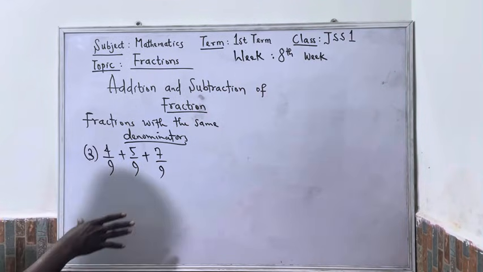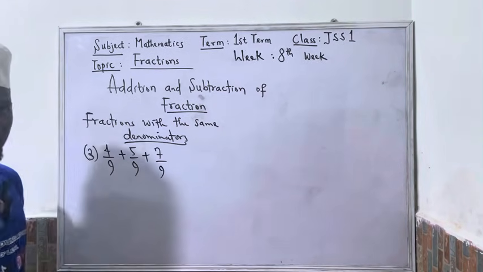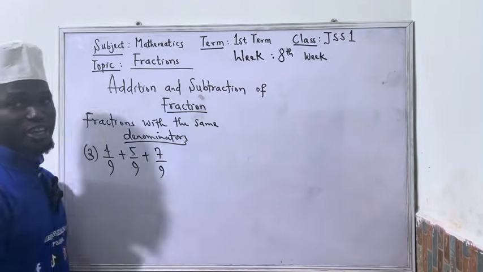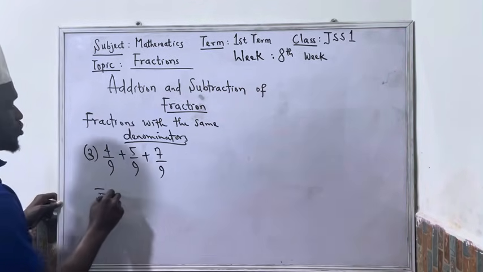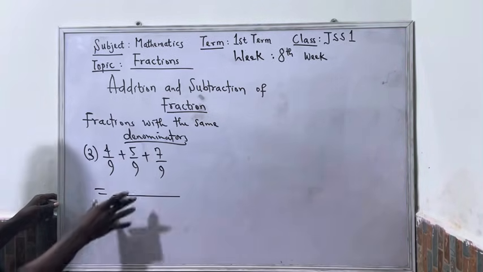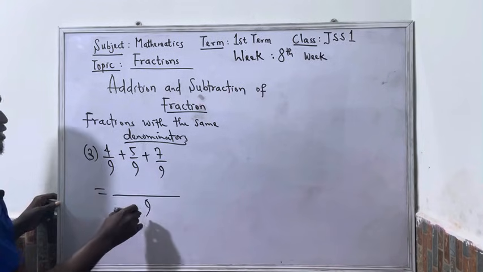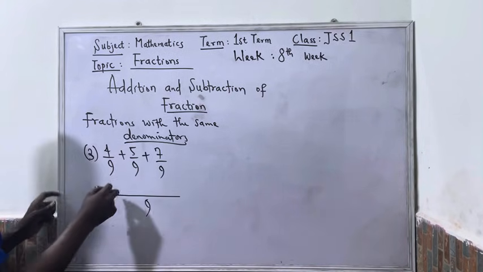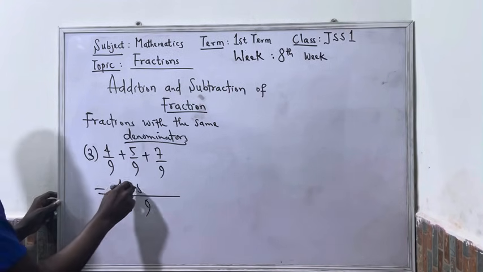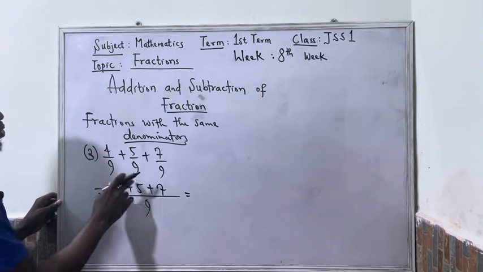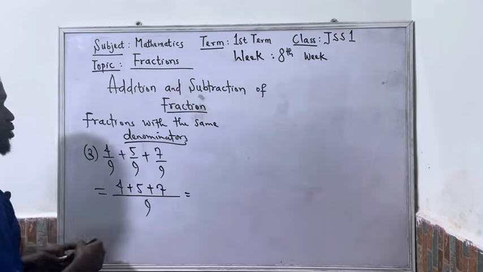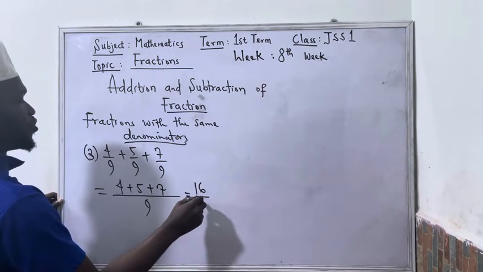So you can see we have 3 of them here, but they all have the same denominators. So all we need to do is to draw a division line, put one of the 9s there, then add all the numerators. This will be 4 plus 5 plus 7. So 4 plus 5 is 9, and 9 plus 7 is 16 over 9.